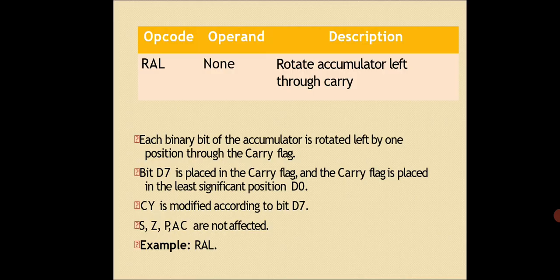The next instruction is RAL, rotate accumulator left through carry. So this instruction is also a one byte instruction. It rotates each binary bit of accumulator left by one bit position through carry flag. No other flags are modified. D7 is moved to carry and carry is moved to D0.